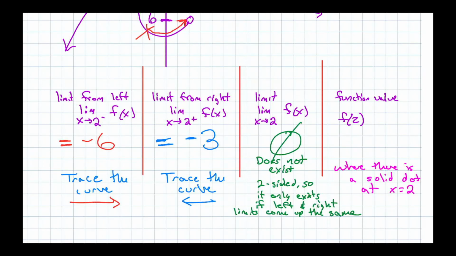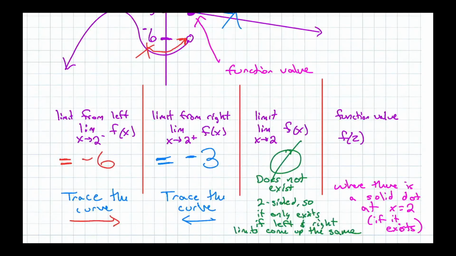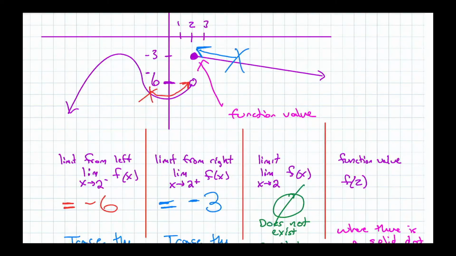And then that's only if it exists. And it does exist because we can see that there's a solid dot right here. So this is going to be the function value. All right. So then what's that function value? That looks like -3. Okay. And so that's how the limits work.